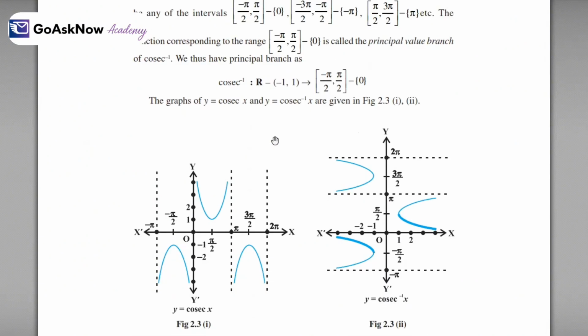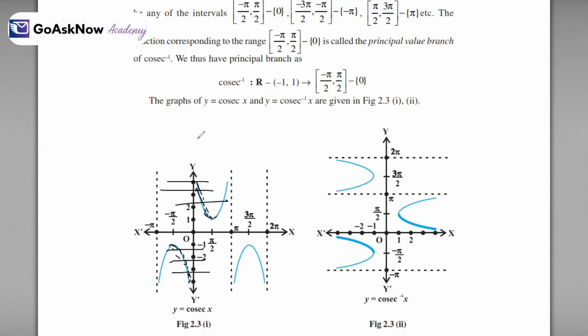See here, as I told you just before, the graph of cosec x looks like this in the interval up to pi by 2, and from minus pi by 2 it looks like this. In this interval it is one-one, because if you draw a line parallel to the x axis, it cuts at only single points.